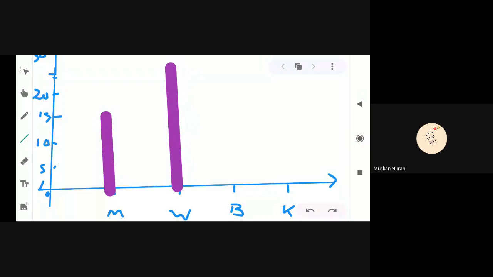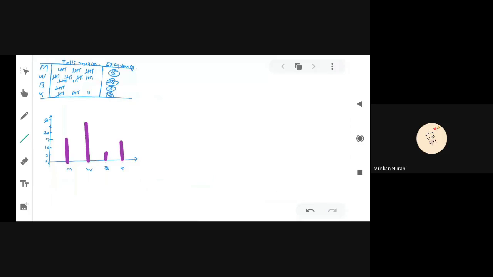So 28 means nearby 30. Then frequency of boy is only 5 boys, and the frequency of girl, there are 12 girls, means between 10 to 15. So it is known as your bar graph in tally marks and your frequency distribution table. Write down your second number question, please, fast.